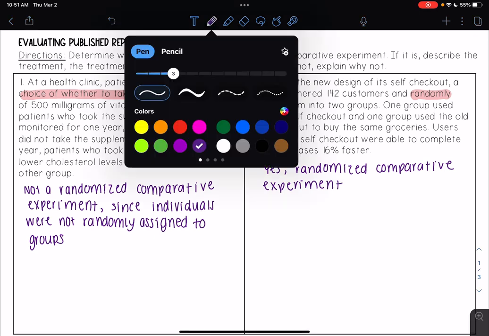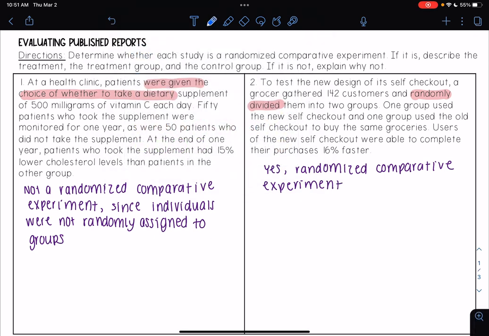Okay, and since it's a randomized comparative experiment, it then tells us to describe the treatment group and the control group. And so the treatment we see here is the use of the new self-checkout. That's what they're trying to study. So I'm going to say use of new self-checkout.